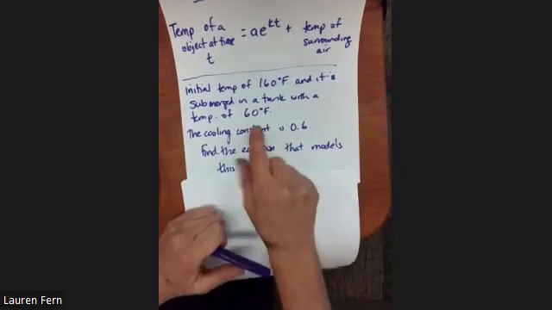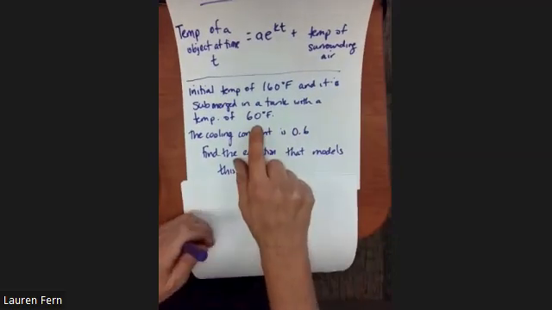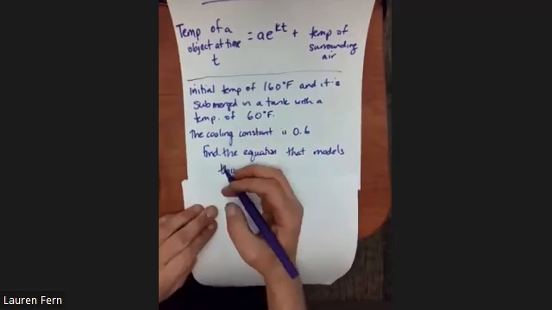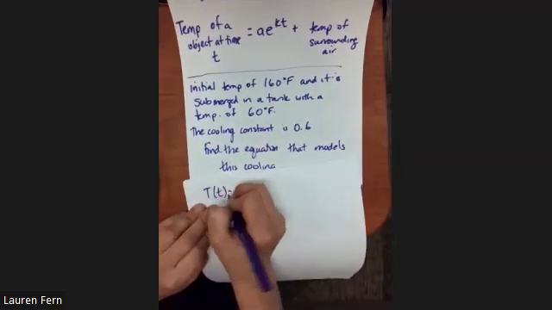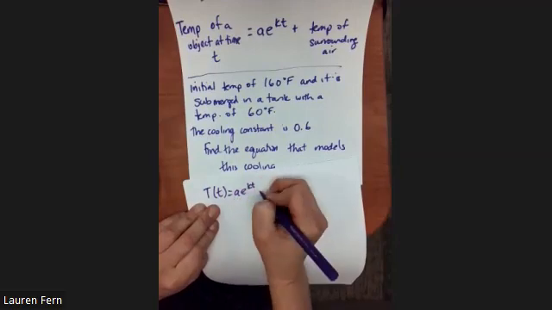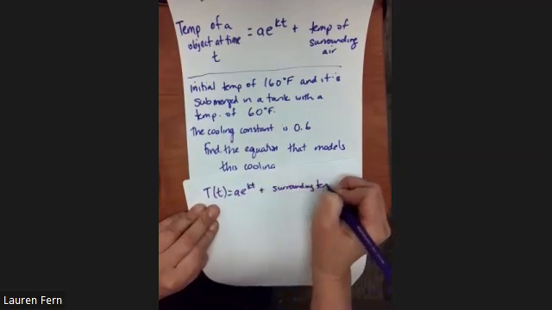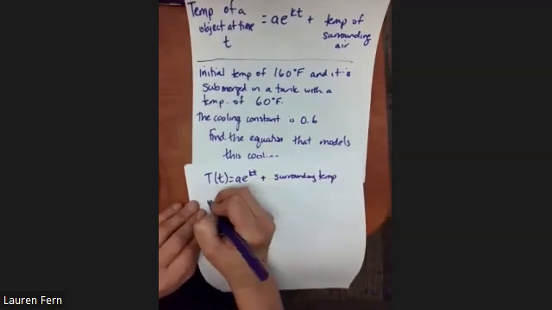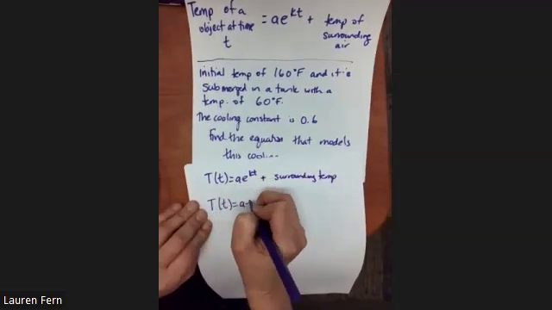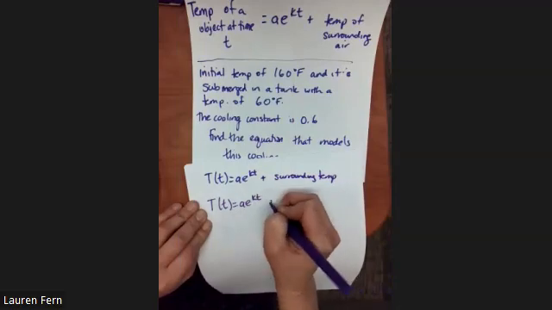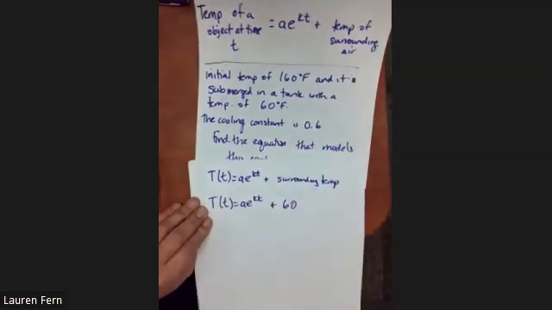So isn't the surrounding temperature 60 degrees? So I'm going to say that T of t is A e to the kt plus the surrounding temperature. So thus far, would you all agree we have this?